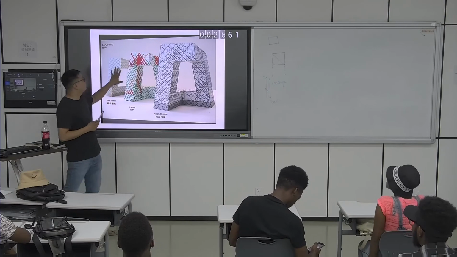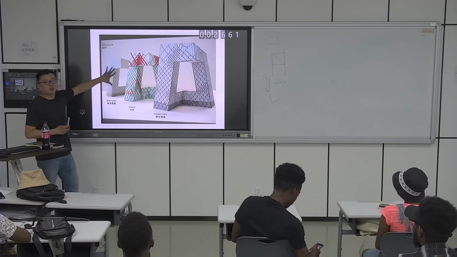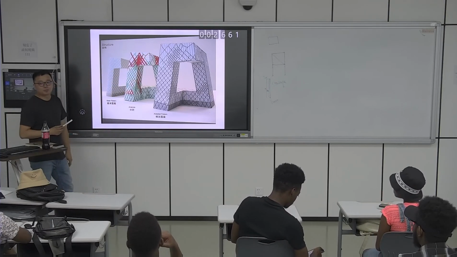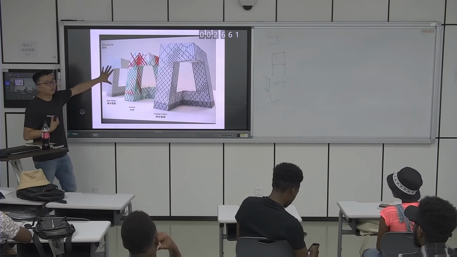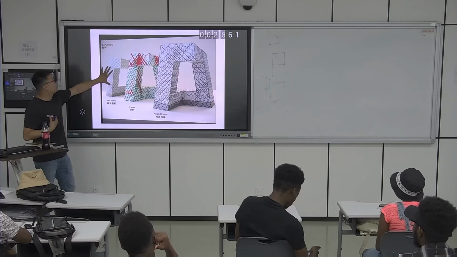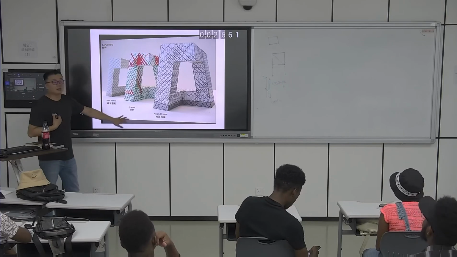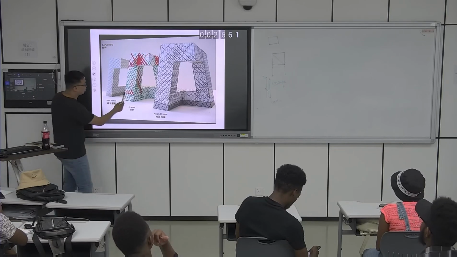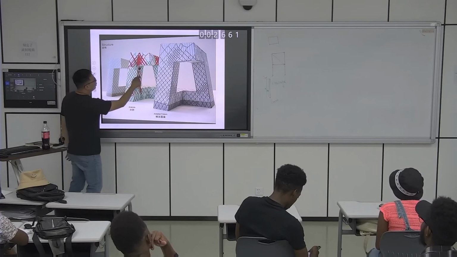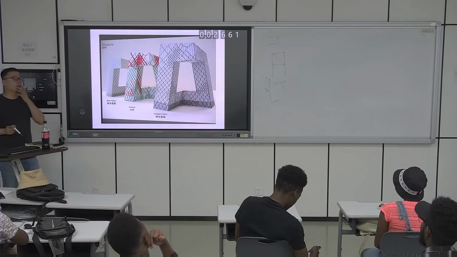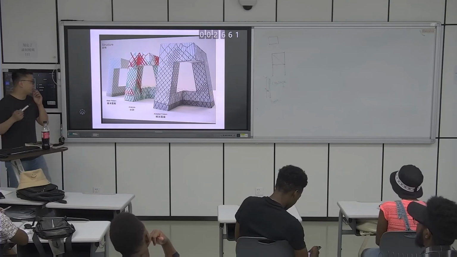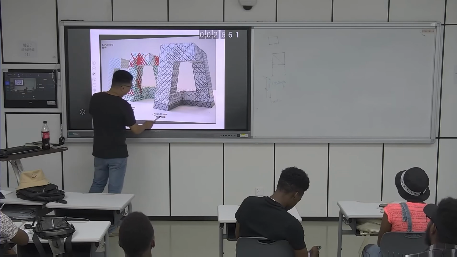If we want to make it stable, how do we deal with it? You can see this is the initial basic parameters for the constructed building. After analysis, we can find a lot of stress concentration in this part, so we need to adapt the parameters.